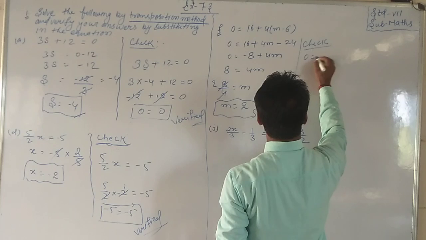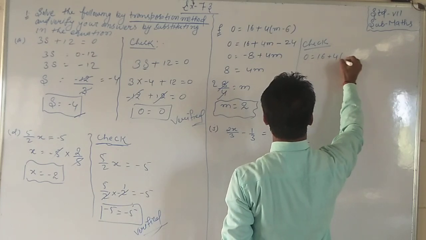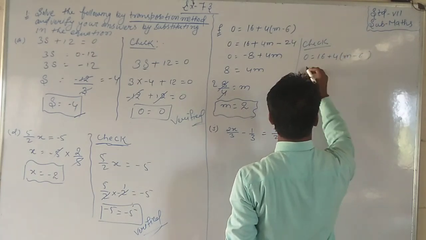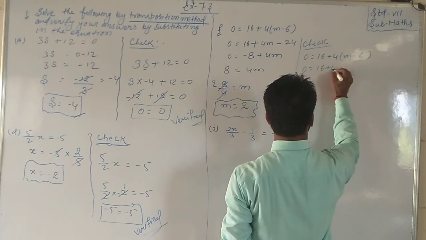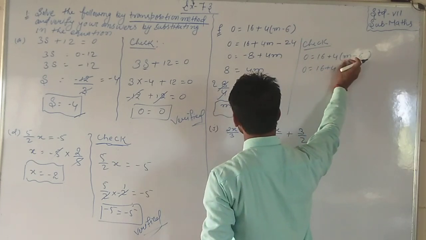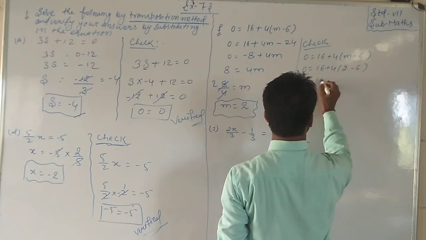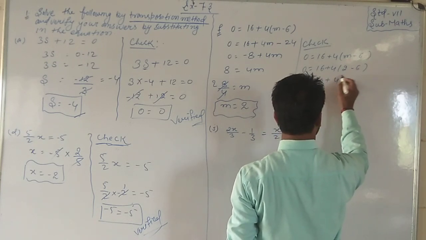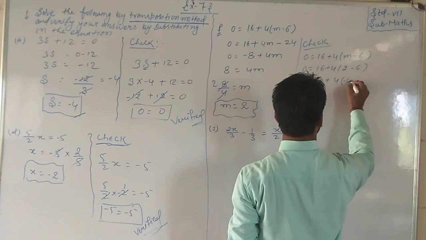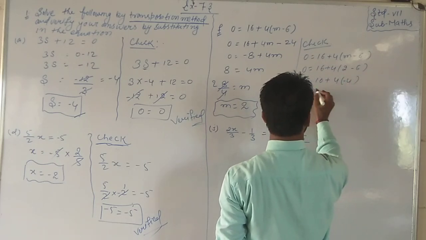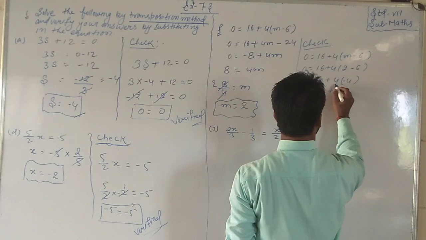The equation is 0 is equal to 16 plus 4 into (m minus 6). Students, 0 is equal to 16 plus 4 into (2 minus 6). 0 is equal to 16 plus 4 into (minus 4), so 0 is equal to 16 minus 16.